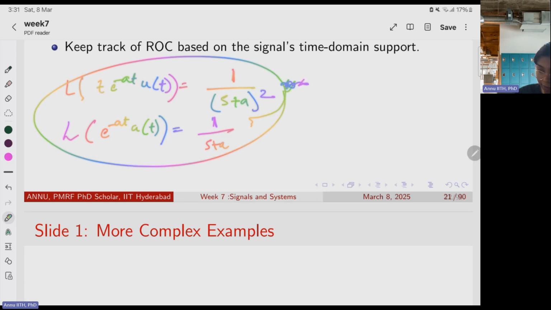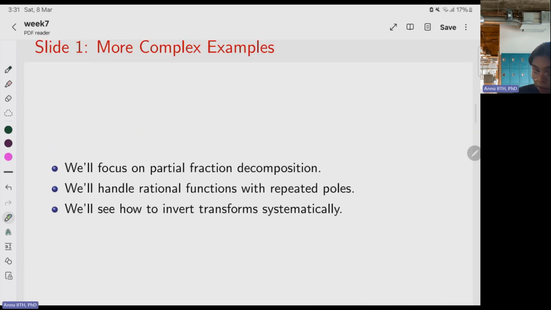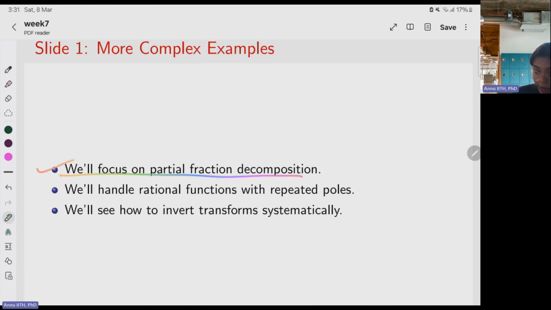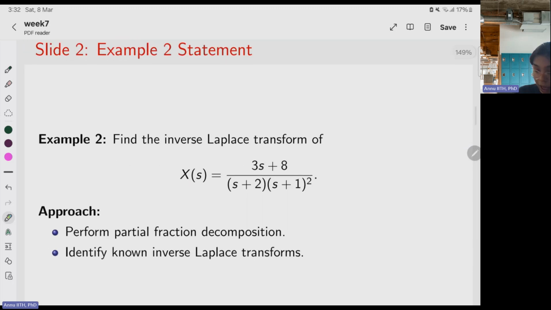This is very important. Right now we'll focus on partial fraction decomposition. We'll handle the rational function with repeated roots. We will see how to invert the transform systematically. So let us have the inverse Laplace transform on this.